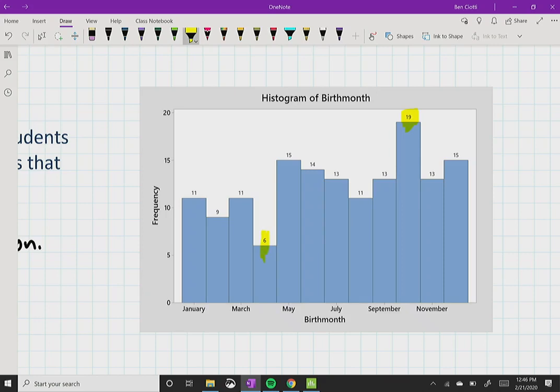So it seems like more than 5.5%, but no, because there's also other months as well.